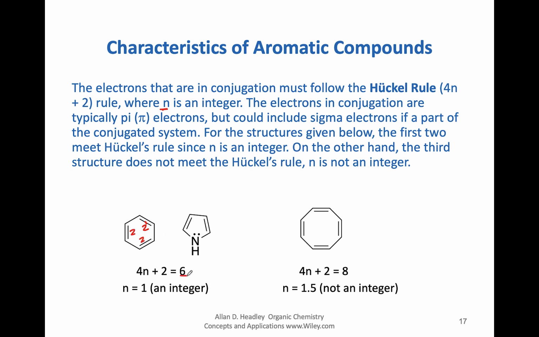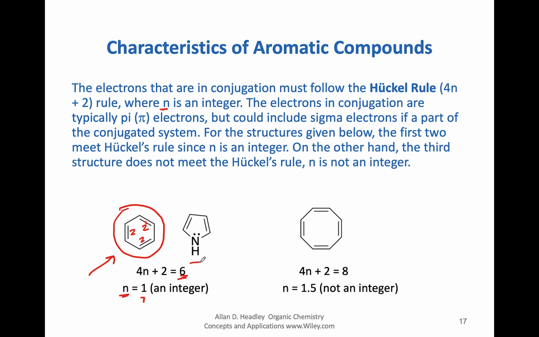So we have 6 pi electrons in conjugation. Based on Huckel's rule, 4n plus 2 equals 6. If n is an integer, such as a counting number, 0, 1, 2, 3, 4, then that molecule meets this characteristic of being aromatic. So as you can see here for this molecule, which of course as you know is benzene, n is 1, so therefore it has met so far all of the characteristics to be aromatic.